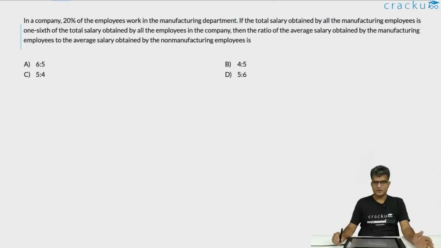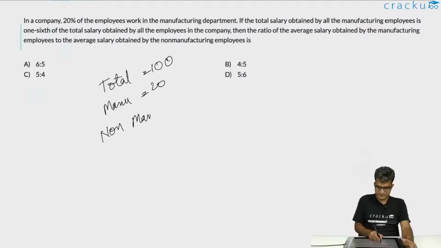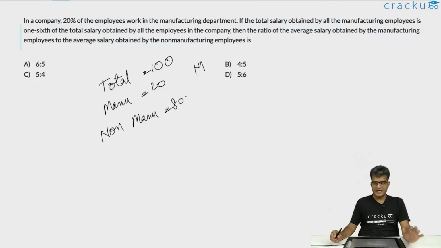In this question, we are told that in a company, 20% of the employees work in manufacturing department. So let us assume that the total employees is 100. So manufacturing is 20, non-manufacturing will be 80. Let us assume that the average salary of manufacturing employees is M and average salary of non-manufacturing employees is N. So what is the total salary of all the employees?